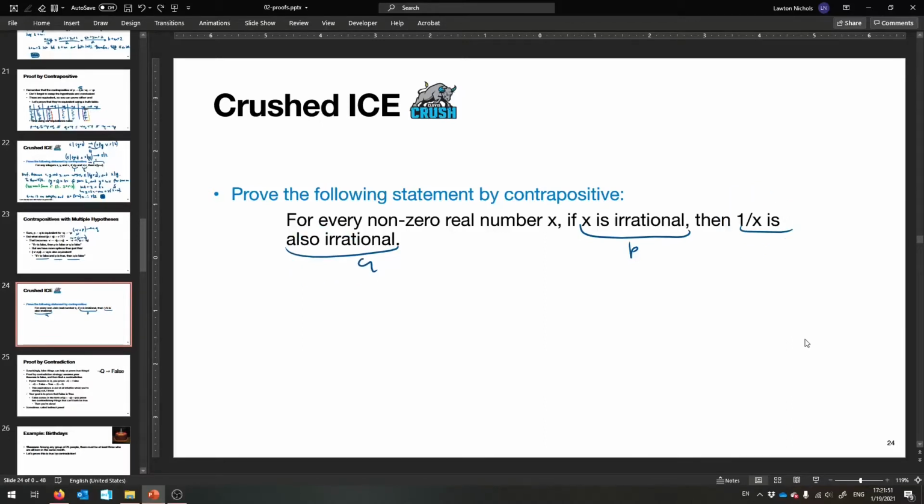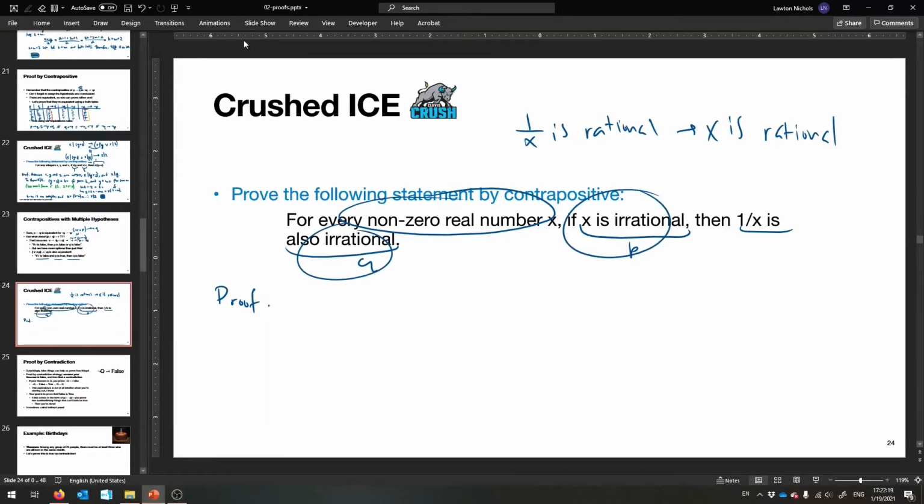1 over x is rational implies that x is rational. And that's easy to talk about because we have a definition for what rational means. Okay, so let me have my proof now. So again, assume we have a non-zero real number x, and then we'll assume the negation of the conclusion and prove the negation of the hypothesis.